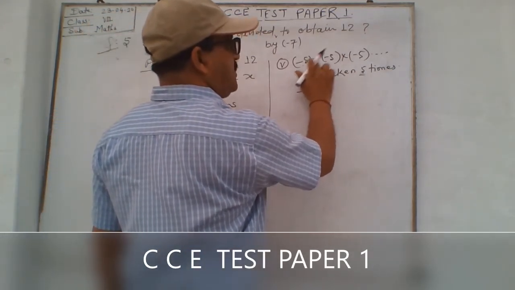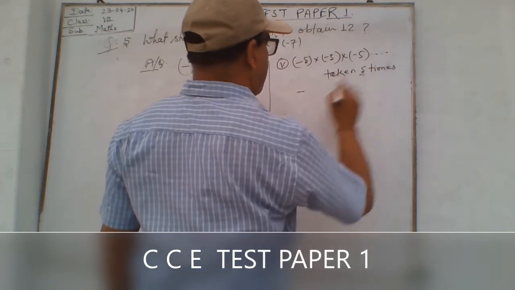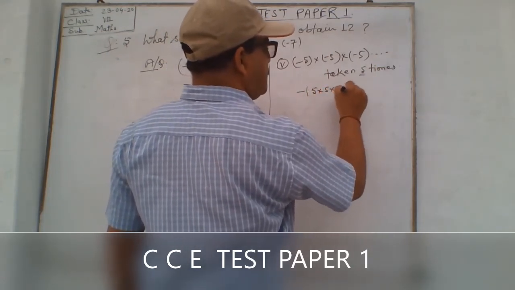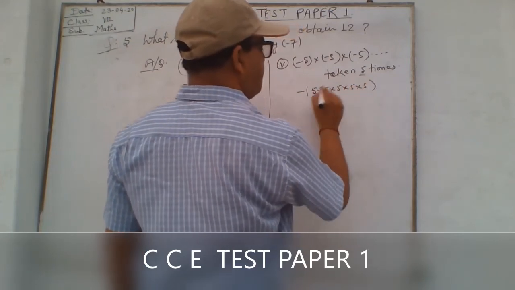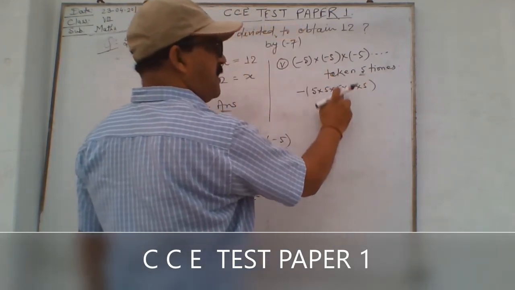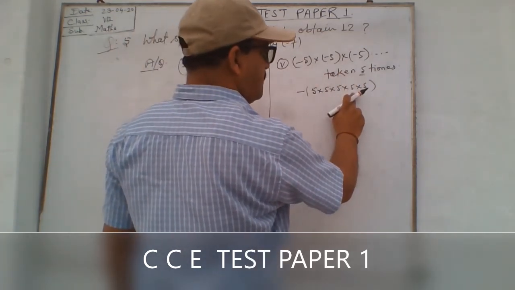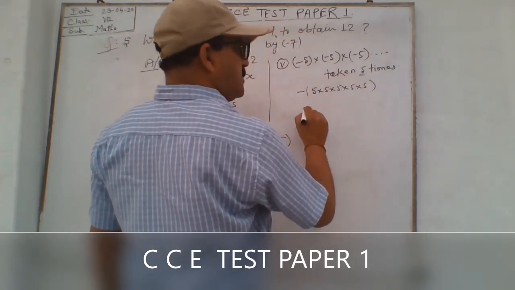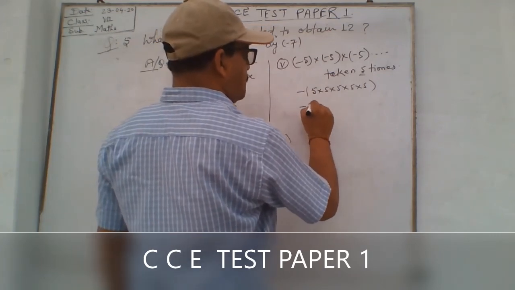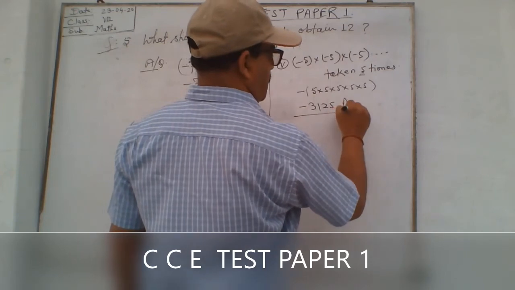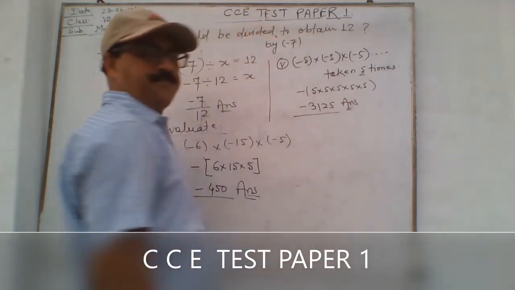And 5 into 5 into 5 into 5 into 5. 5 times 5 is 25, 25 times 5 is 125, 125 times 5 is 625 and 625 times 5 is 3125. The answer is here. Very simple.